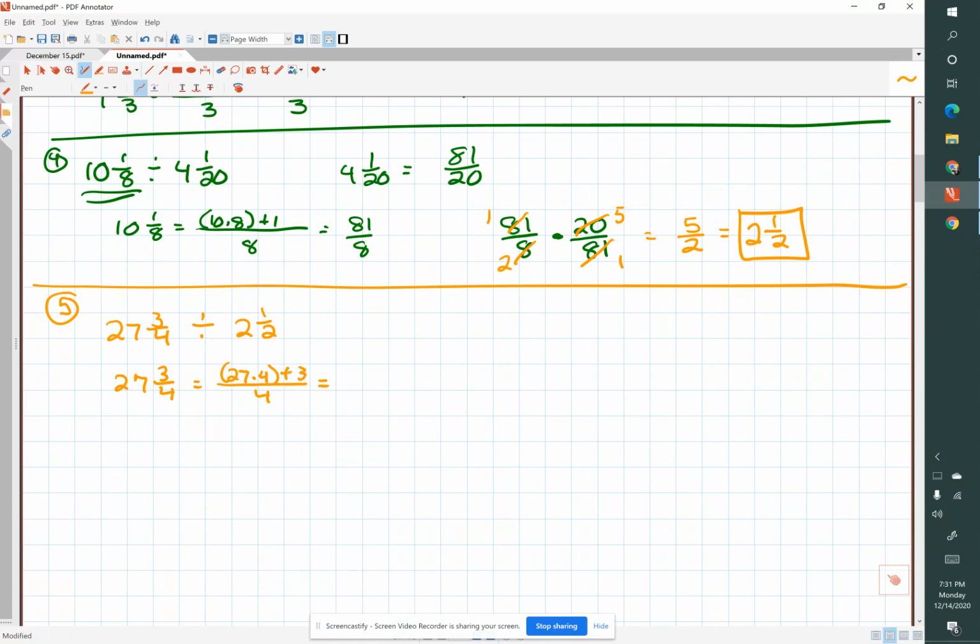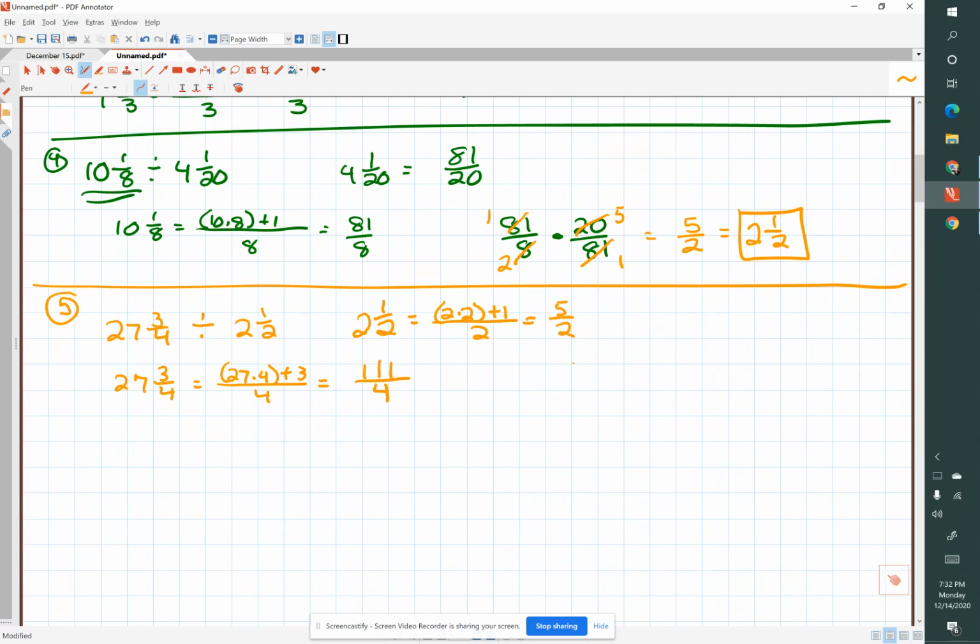And 27 times 4 equals 108 plus 3 more is 111 divided by 4. And 2 1/2 is 2 times 2 plus 1, which is 4 plus 1, which is 5 over 2.